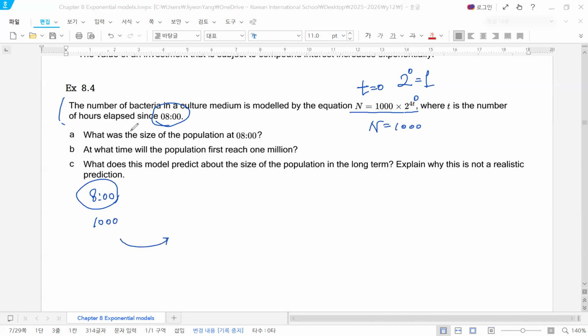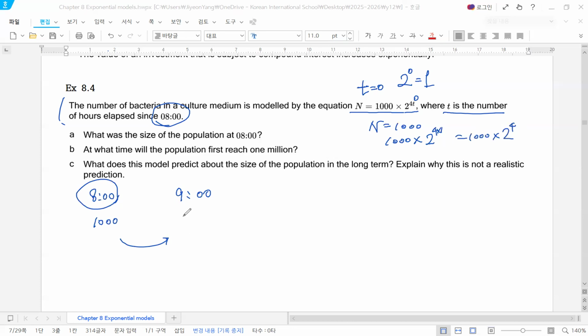And then after an hour, because t is the number of hours after 8 a.m. So 1 hour later, which is 9 a.m., the number of bacteria is going to be 1,000 times 2 to the power of 4 times 1, which is 1,000 times 2 to the power of 4.